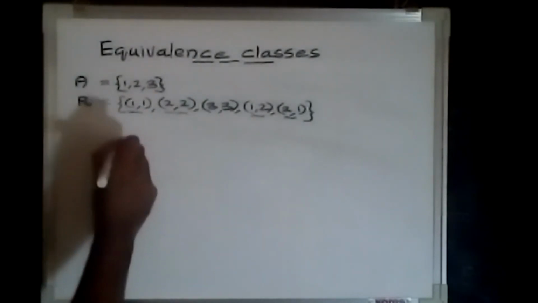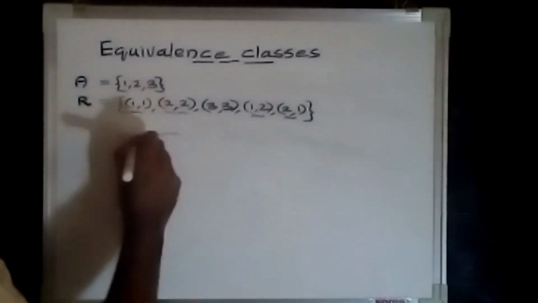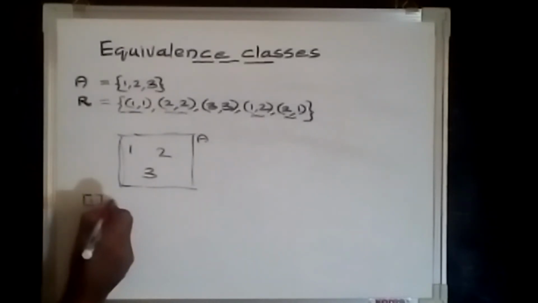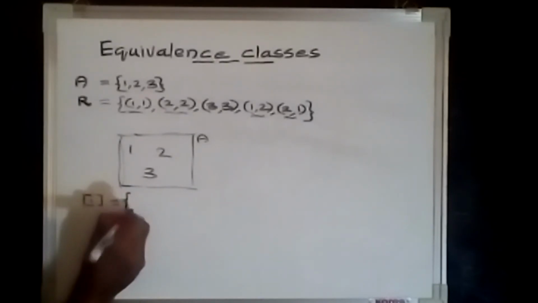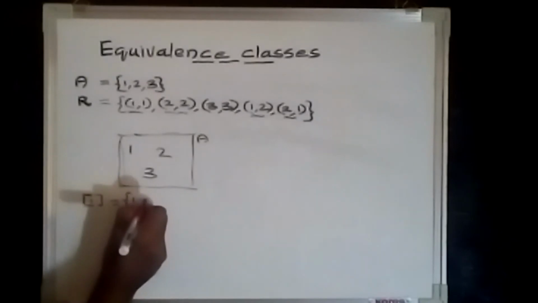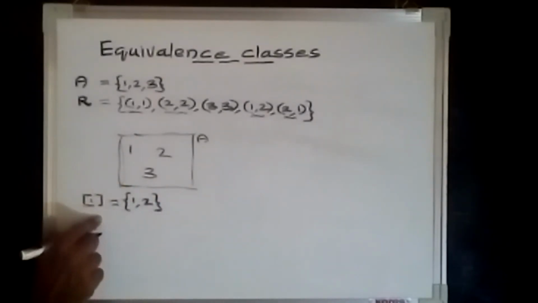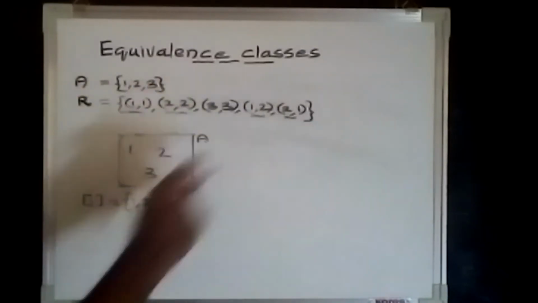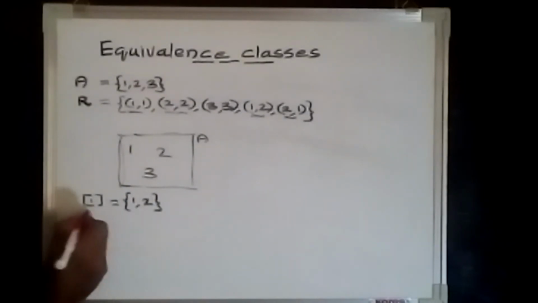If we denote the equivalence class containing 1 as class 1, it equals the elements related to 1, that is 1 and 2. Therefore, equivalence class 1 contains 1 and 2.